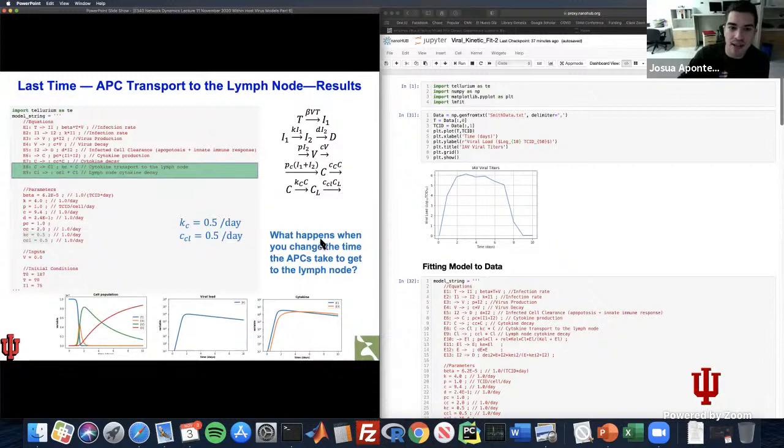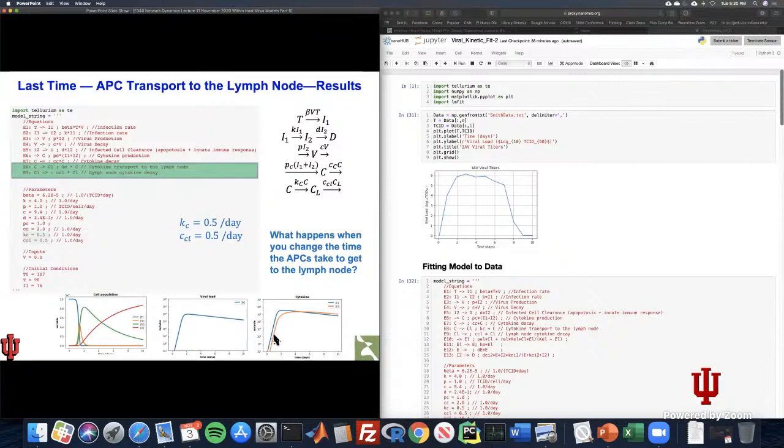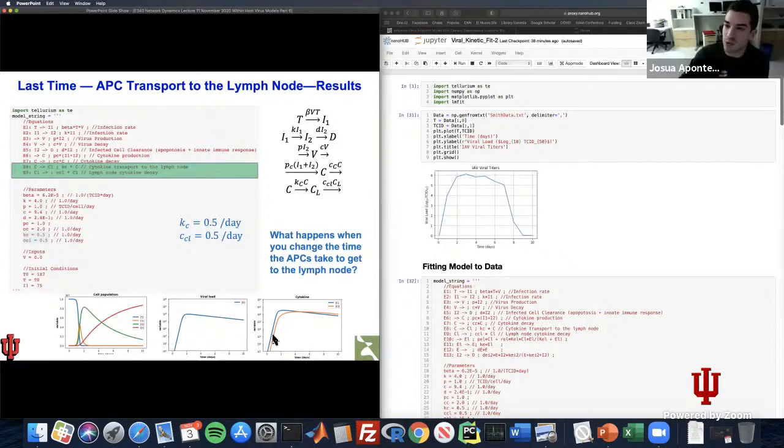And I said there is a transport parameter that determines how long it takes for my cytokine to go from the tissue to the lymph node. That is the one that's going to control the distance between these two, right? Because if the time it takes is big, then we should see a bigger delay between the signal in the tissue and the signal in the lymph node. Does that make sense?